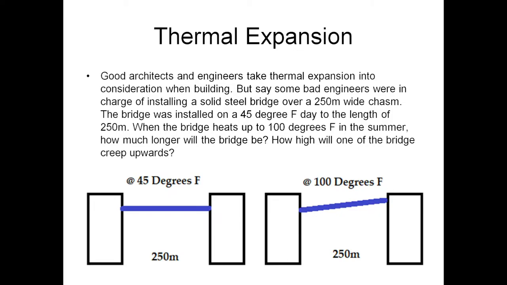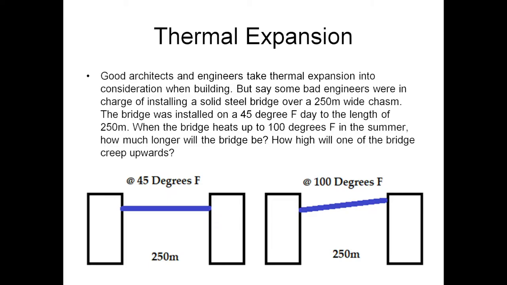So the bridge itself is now longer than 250 meters, so it doesn't fit within the same 250 meter gap anymore. And again, if a bridge was built like this improperly, what would likely happen is that the bridge would buckle and bend upwards, literally it would bend, assuming it didn't just break completely.